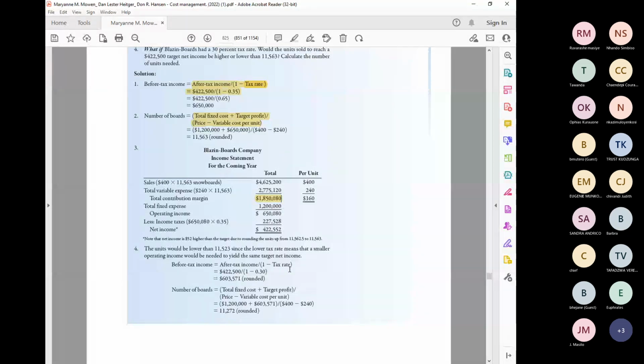So number of boards are found by saying total fixed cost plus target profit divided by price minus variable cost per unit. That is 1,200,000 plus 603,571 divided by $400 minus 240. And then we get 11,272.